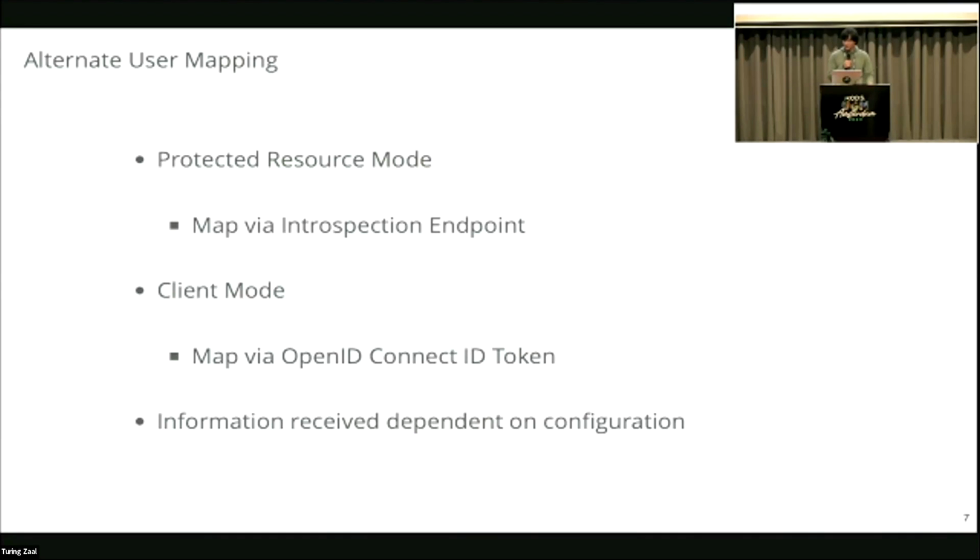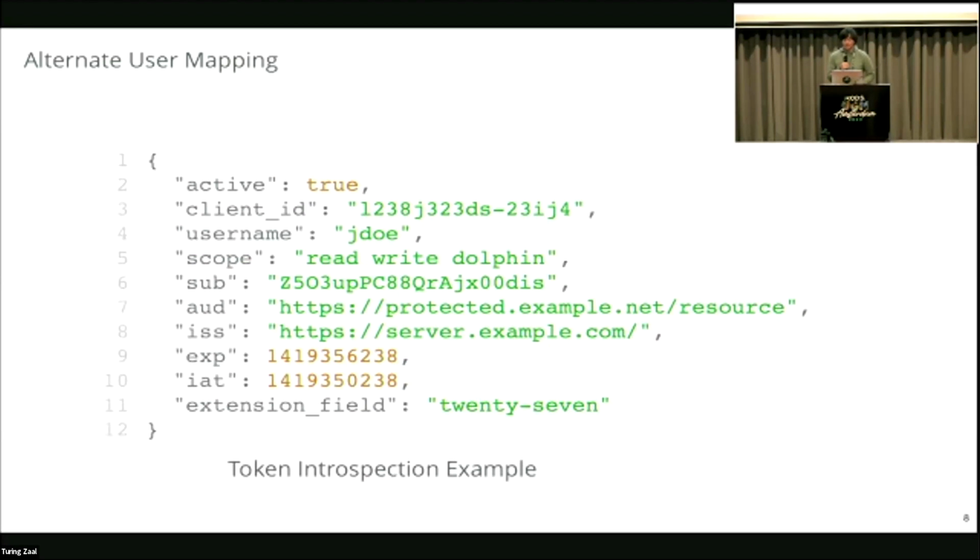It is pretty important to note that the information that you receive is highly dependent on the OpenID provider's configuration. So you do want to query these endpoints or look at the tokens that you have just to make sure what information is available for you to map. If we're to take an example of the introspection endpoint, this example is taken straight from the documentation. So you might see more if you have an OpenID provider or OpenID server.